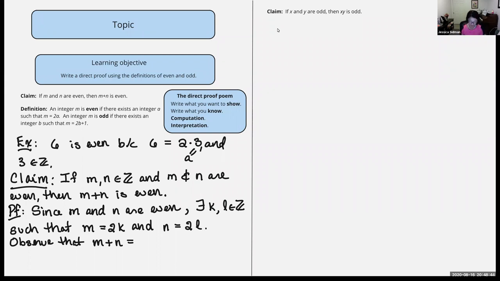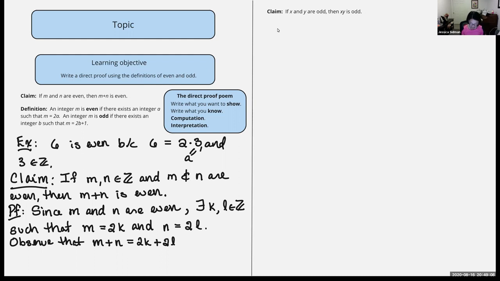So that M is equal to 2K and that N is equal to 2L. Okay, and now I have to figure out one more computation to do so that I can reuse my definition and interpret this quantity M plus N as being an even number.